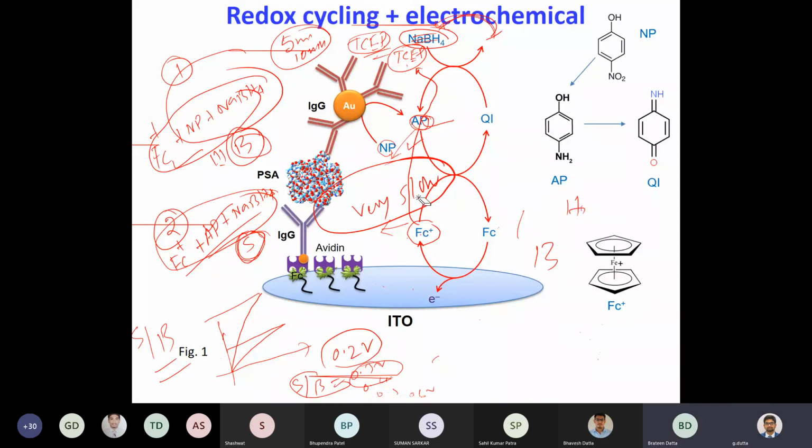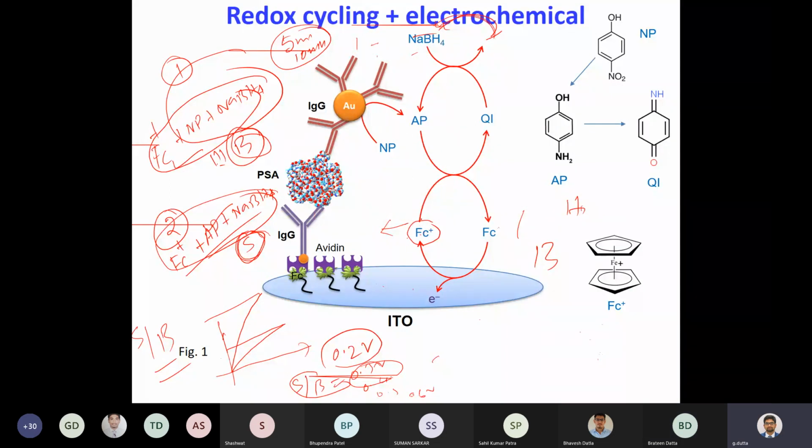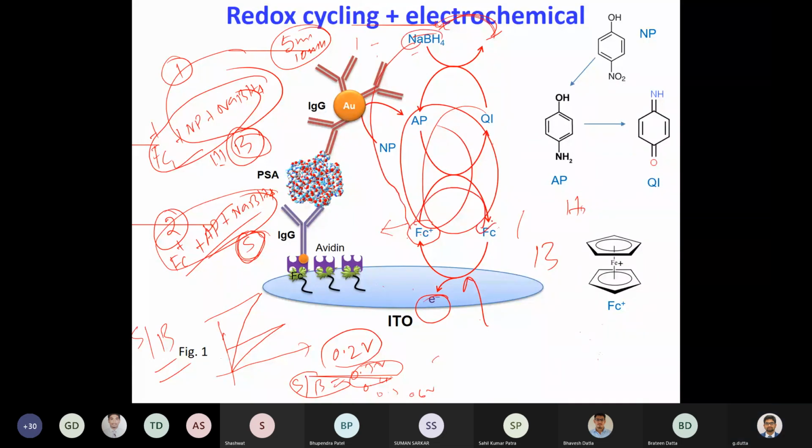Clear? Okay. Thank you, sir. That is a very good question you asked. If this one reacts, then because of the applied potential you are getting the electron, right? That should be done by this reaction. But if sodium borate itself can reduce Fc plus to Fc, then this is basically your side reaction, not coming from your target or the biosensor reaction.